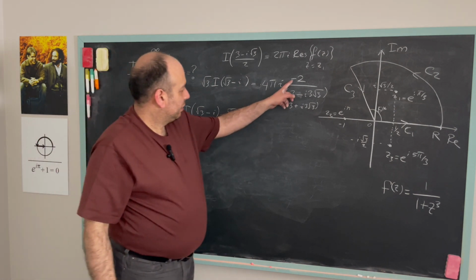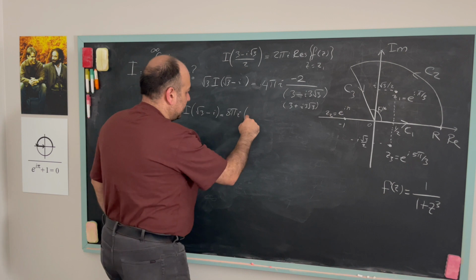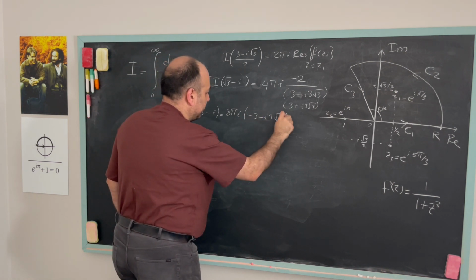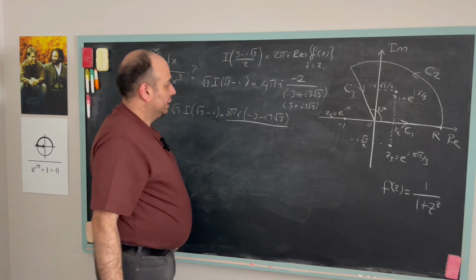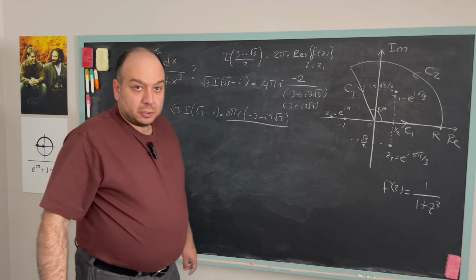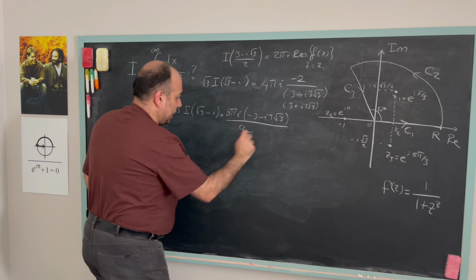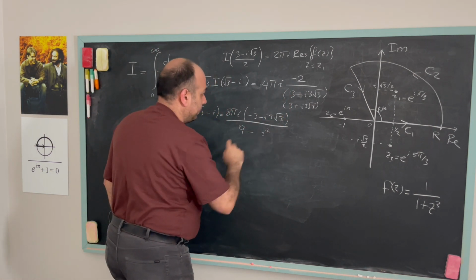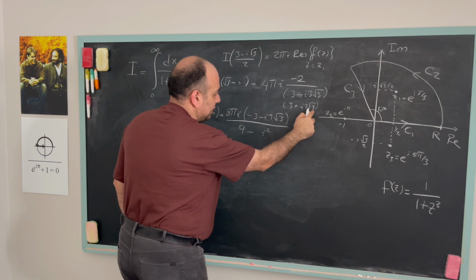We still have a minus sign here, so I'm just going to put it here. So minus 3 minus i 3 square root of 3 divided by, well, square of the first term, which is 9, minus square of the second term. It's going to be i square. 3 square is 9.